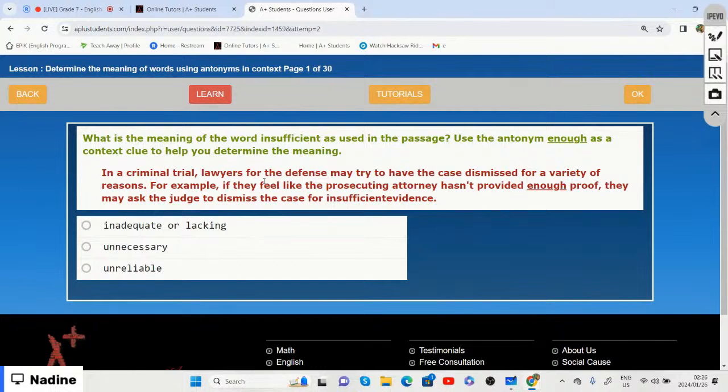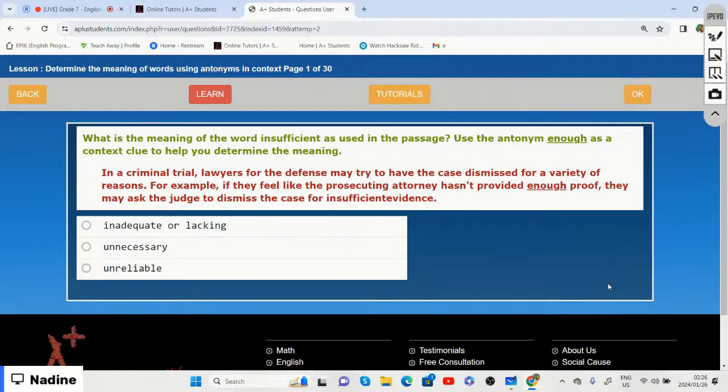So now we're going to say, what is the meaning of the word insufficient as used in the passage, right? And remember, we said that we should use antonyms in context in order to determine the meaning of a specific word. Use the antonym enough as a context clue to help you determine the meaning. And remember, an antonym is a word with an opposite meaning.